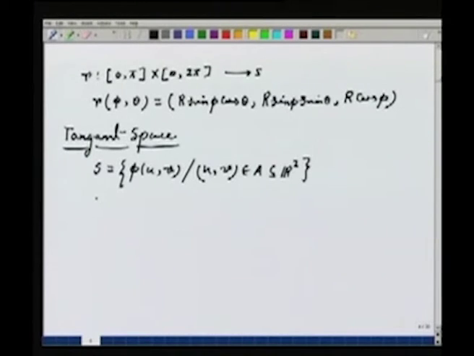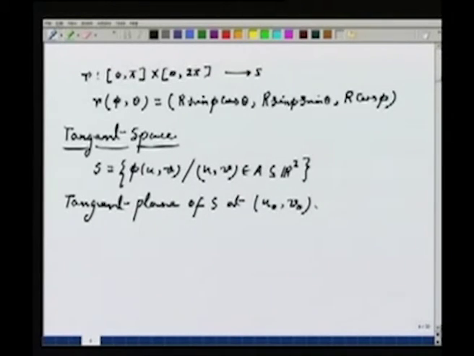I want to find the tangent plane of S at a point, let us say u0, v0.